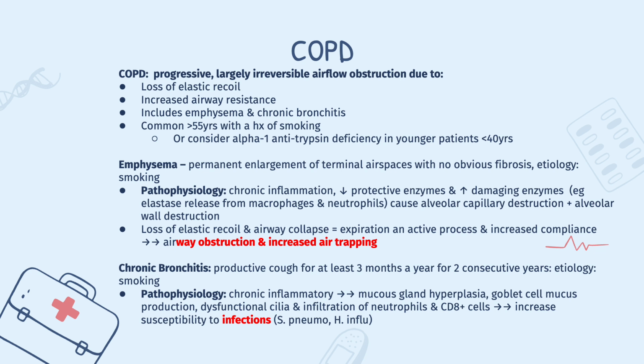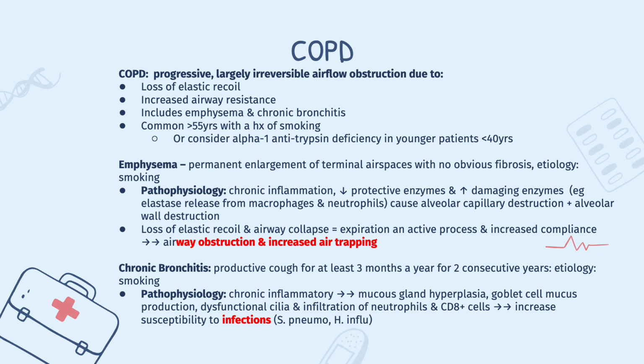So the pink puffer of emphysema has permanent enlargement of the alveoli with no obvious fibrosis. Etiology here is smoking. The pathophysiology: we have chronic inflammation, a decrease in protective enzymes, and an increase in damaging enzymes, for example elastase released from macrophages as well as neutrophils.